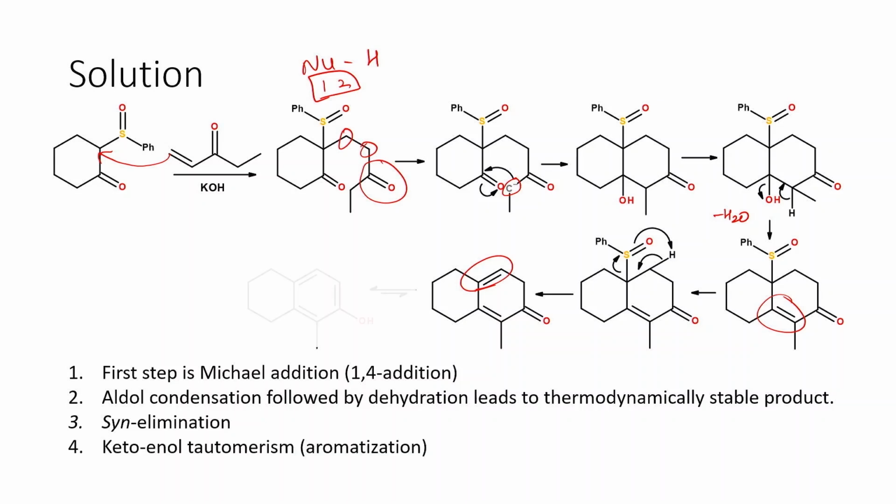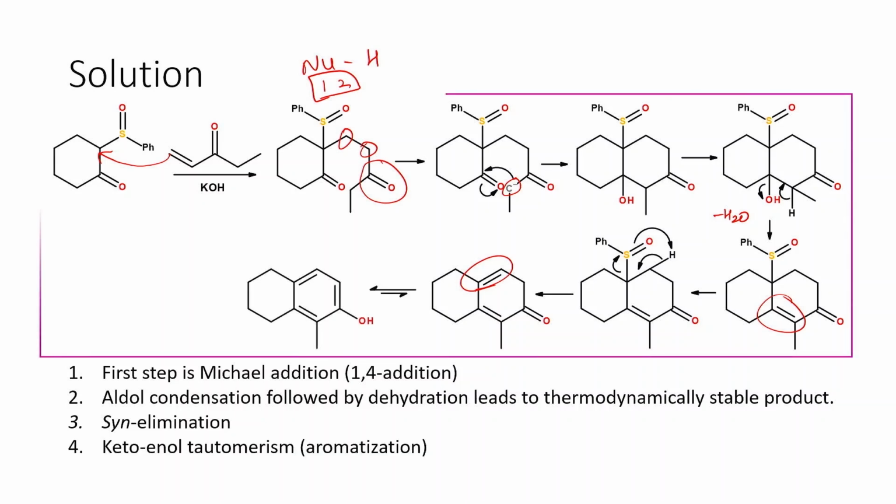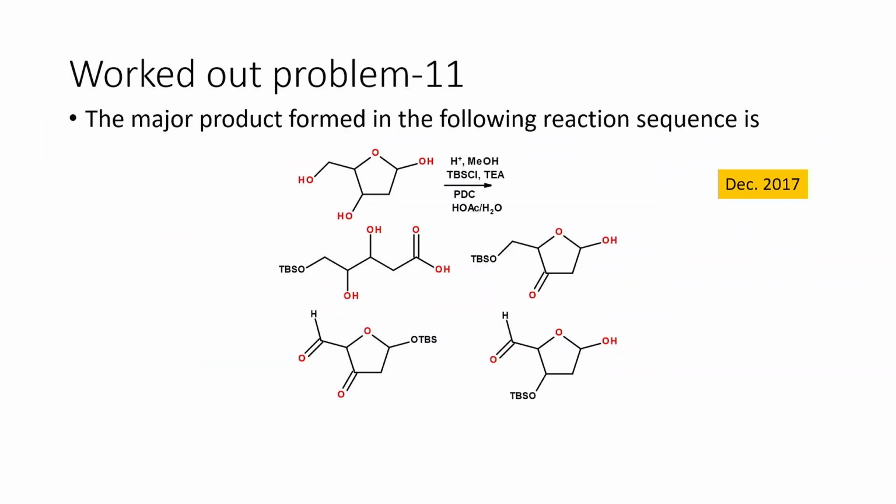And then finally what we end up with is the keto-enol tautomerism. This carbonyl group undergoes keto-enol tautomerism to give the corresponding hydroxy enol unit. So the sequence of reactions, Michael addition followed by aldol reaction followed by syn elimination, and keto-enol tautomerism, is the right set of reactions that will convert this compound to the corresponding phenolic derivative. We move on to the next problem.